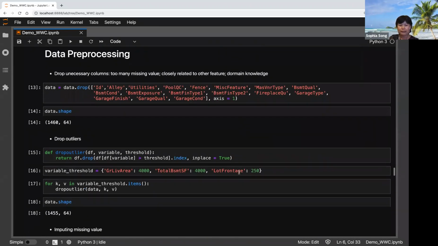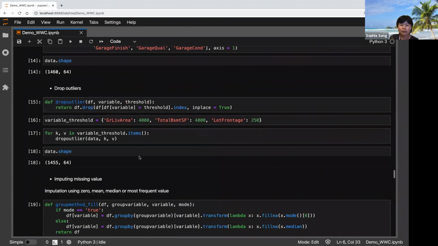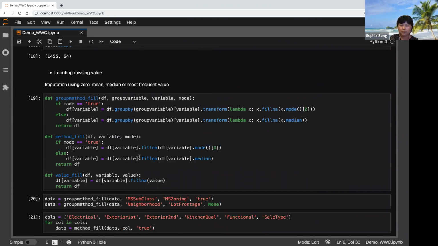Here I did some outlier detection, and also some missing value filling for some features.